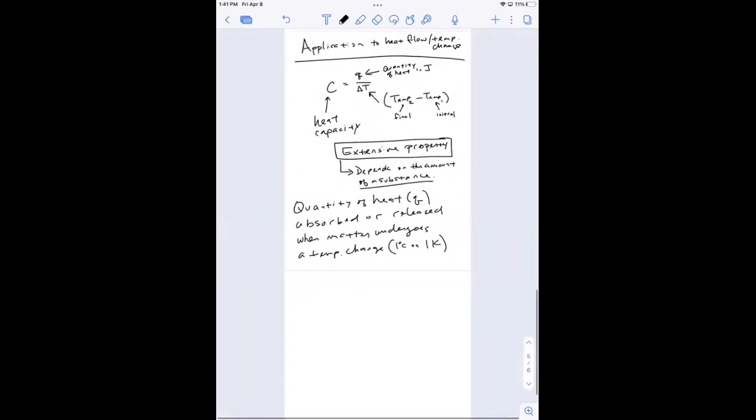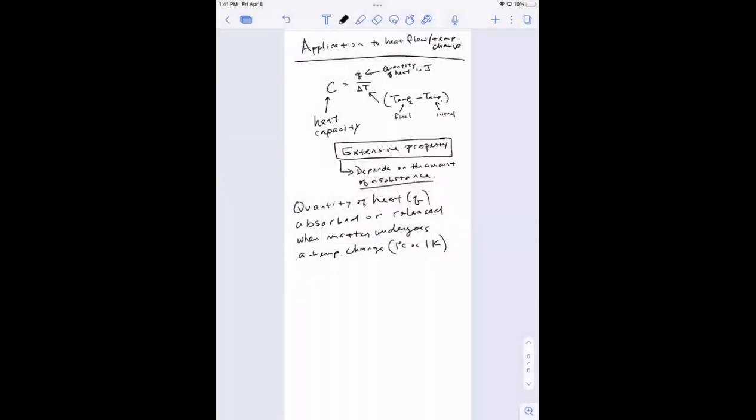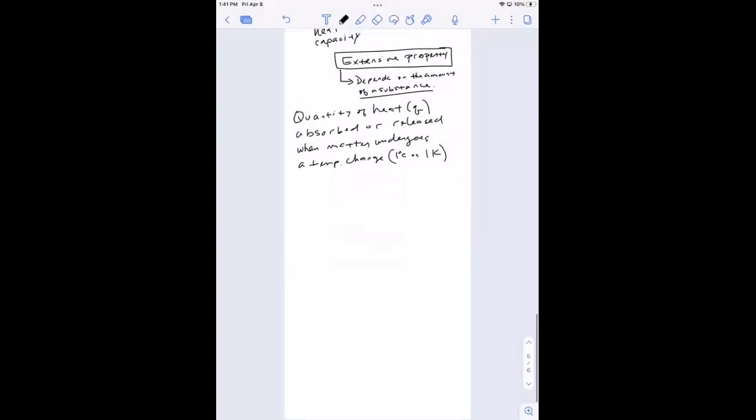That's what heat capacity is, and it is dependent on the amount of that substance. There's another term that is intensive and not dependent on the amount of a substance, and that is the specific heat capacity. So let's talk about that.